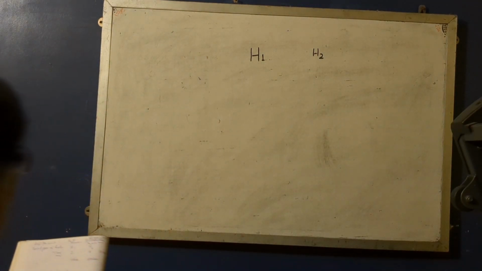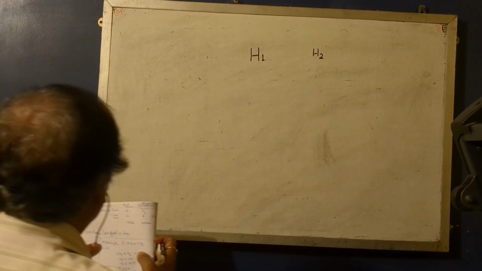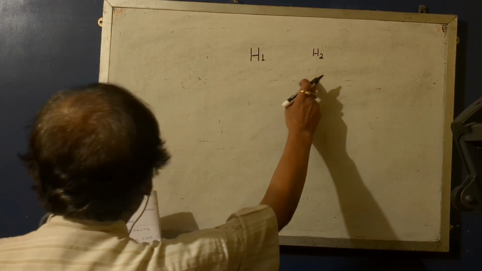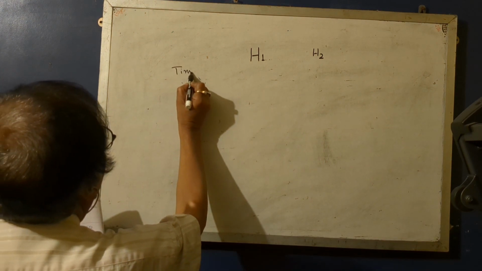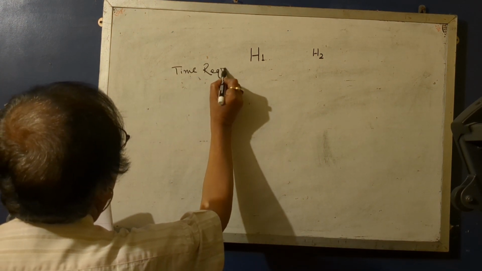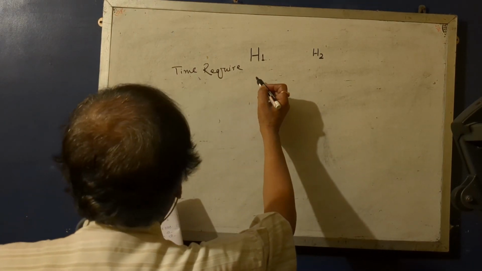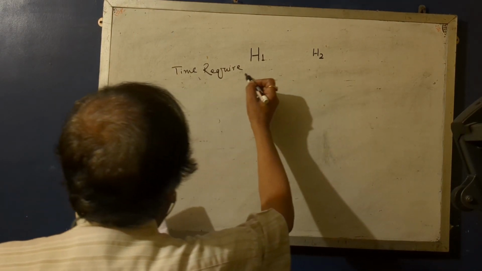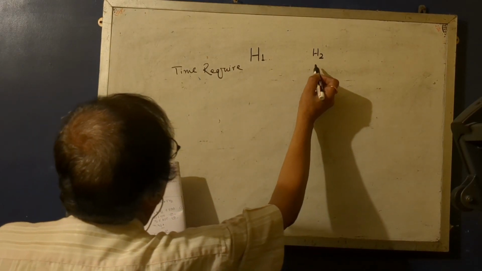Okay. Now, profit per unit for the two types of hat, H1 and H2. Time required: the time required for hat 1 is two times the requirement of time for hat 2.